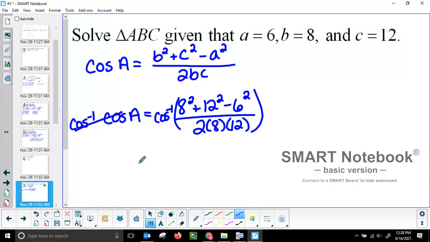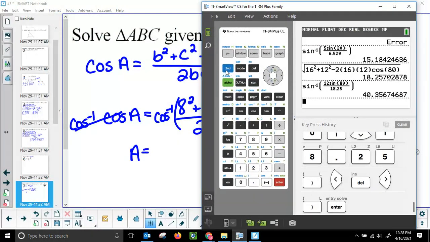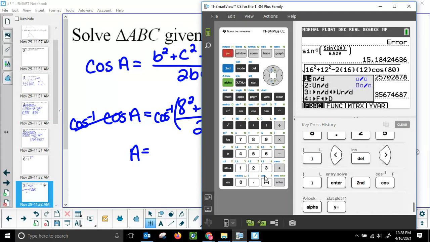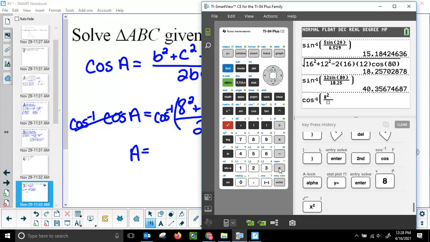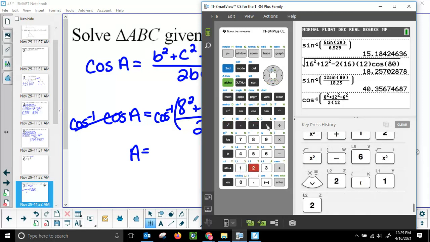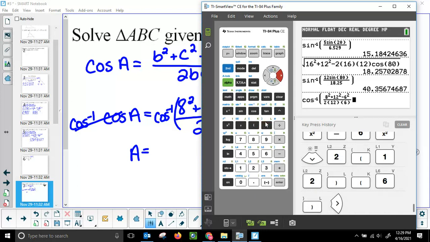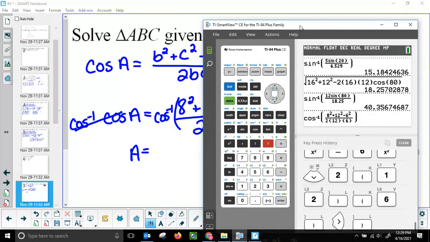So these will cancel out and we will get A is equal to, using our handy dandy calculator, the inverse cosine of 8 squared plus 12 squared minus 6 squared all over, oh, no, sorry, 2 times 8 times 12.